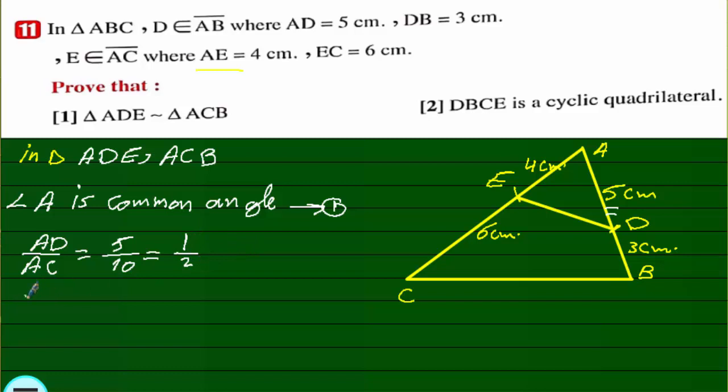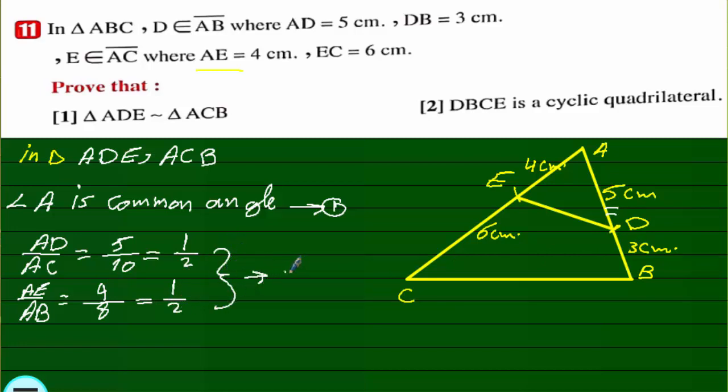And also we have AE over AB equals 4 over 8. We have AE, where is AE? AE equals 4 and AB equals 5 plus 3, which equal 8, and the simplest form is half.